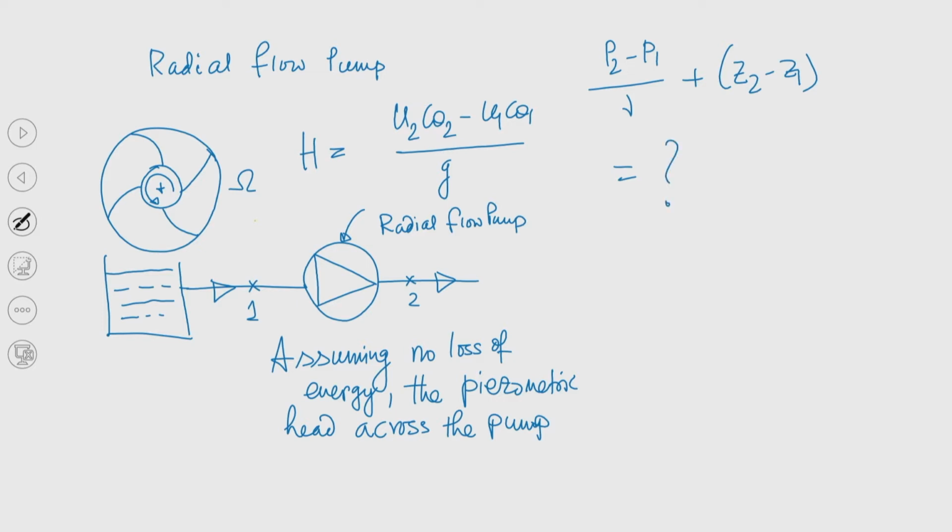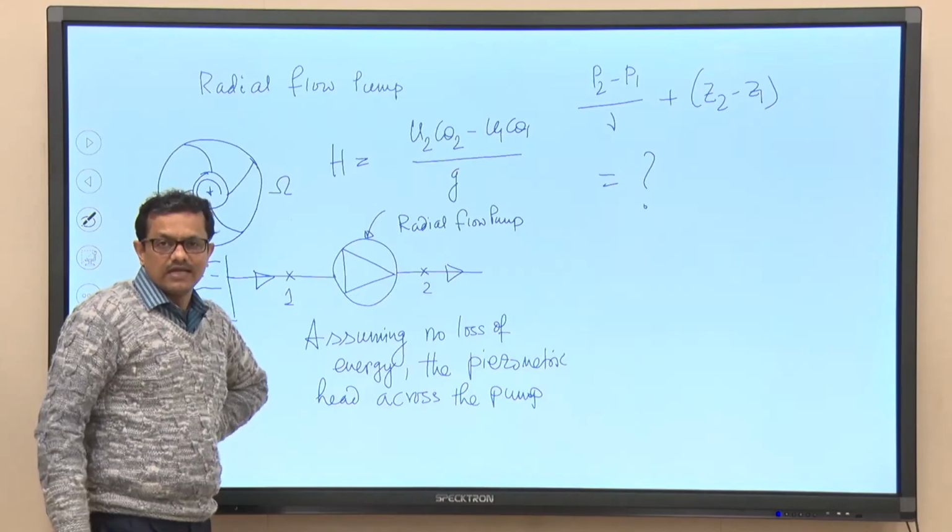So, this is what we need to do. So, again I am telling, this is a radial flow pump which is used to supply water from a reservoir to another place. The sole purpose of having this pump is to develop head.